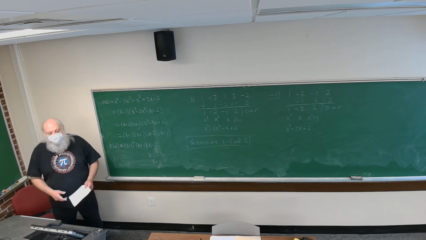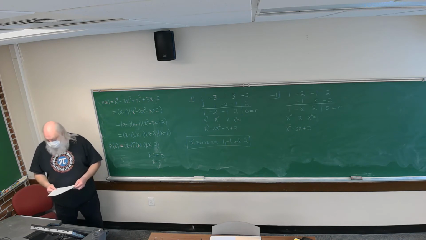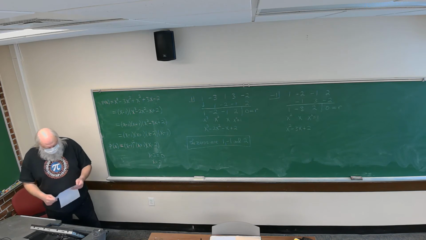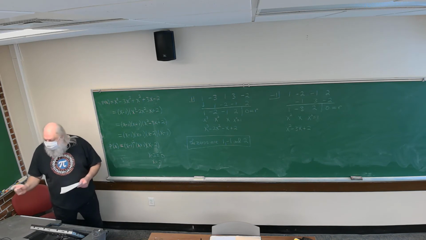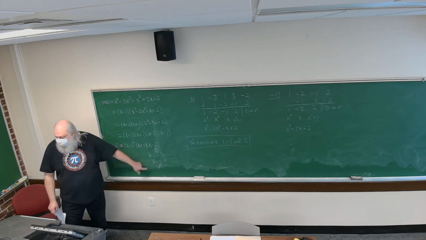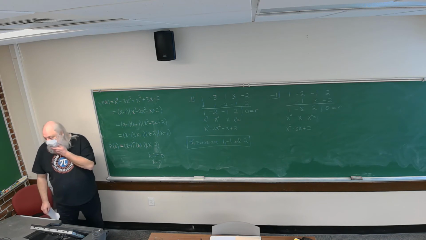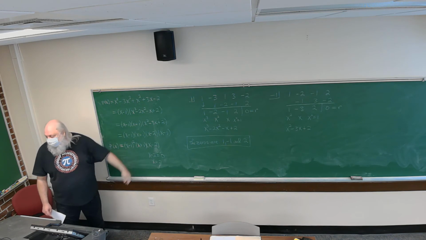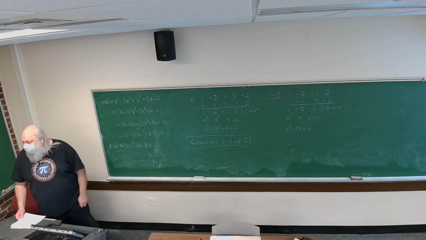Any questions on that? All right. So Rachel, I think you were working ahead, and you saw that 2 was a zero, but that's not always going to be the case. Sometimes you get a quadratic, and when you solve it, it's going to be complex numbers or irrational numbers.